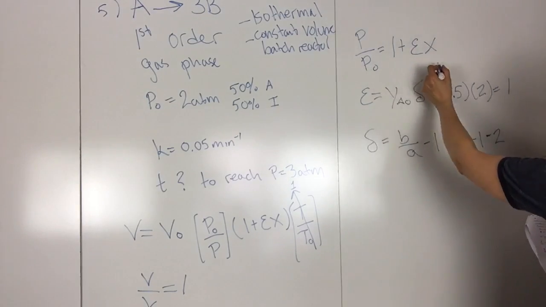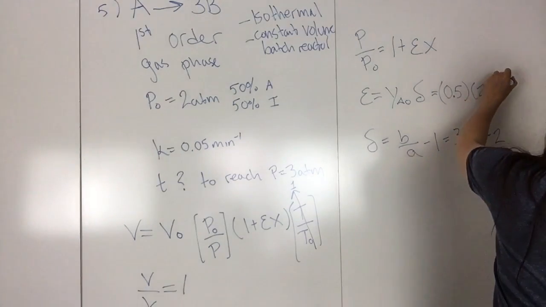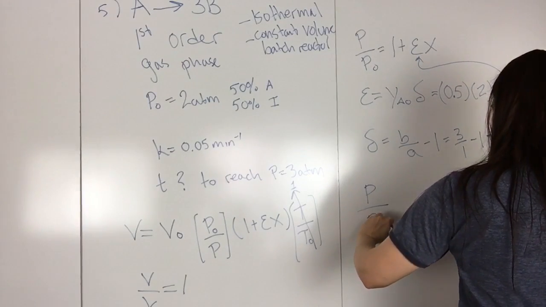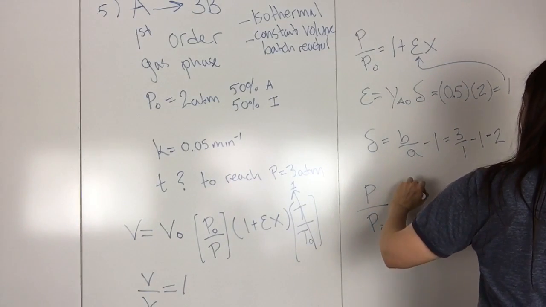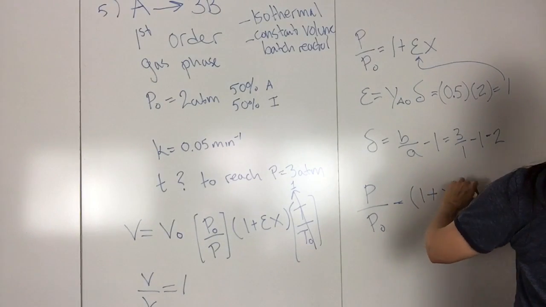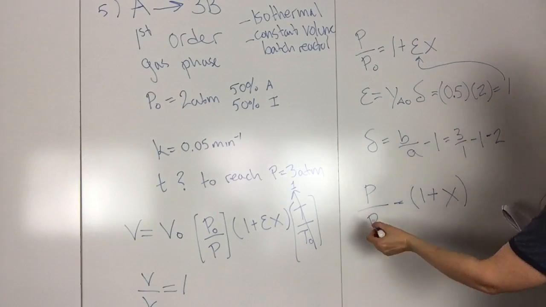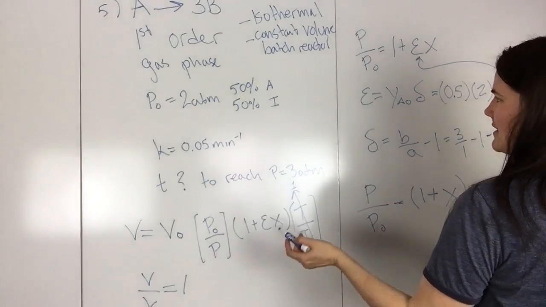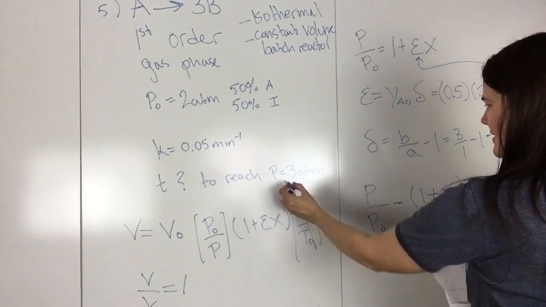So then we can go ahead and plug that into this equation. So we have P over P naught is equal to 1 plus X. So then plugging in P, the final P that it gave us is 3 atmospheres.